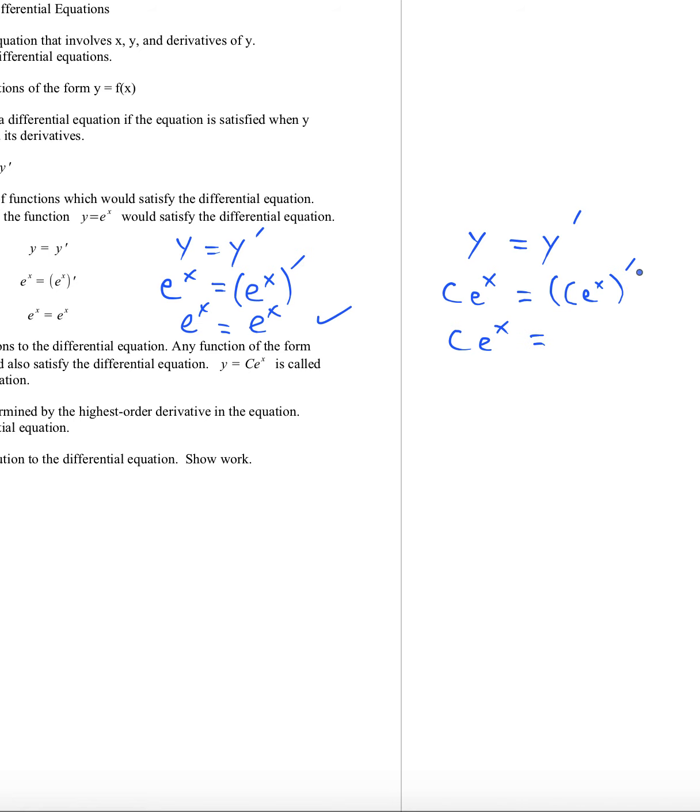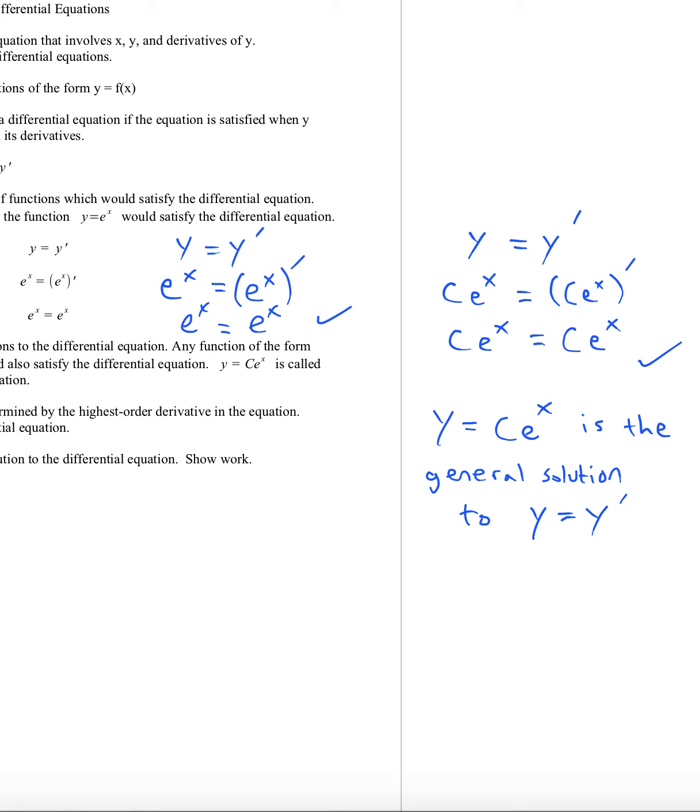Taking the derivative of ce to the x, we would leave the constant in its place and then do the derivative of e to the x, which is itself. And so yes, it's true. Therefore, y equals ce to the x is called the general solution to y equals y prime.